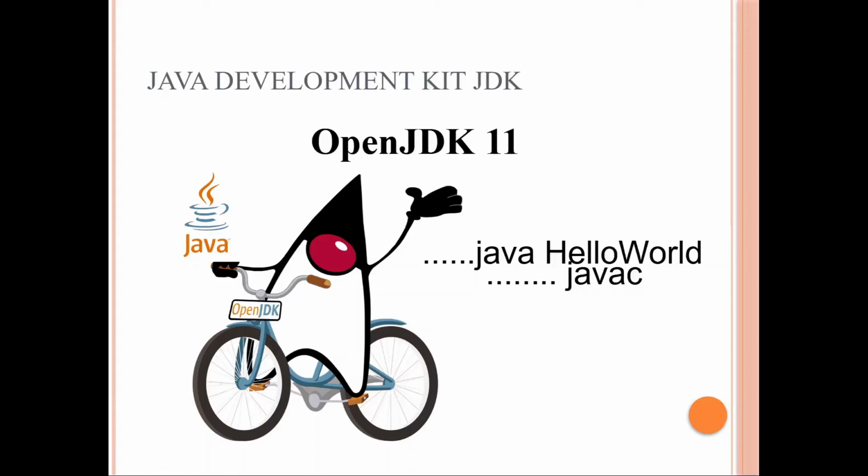After Oracle had purchased Sun Microsystems, they had also purchased the Java language, so they were the custodians of the Java language. Around about 5 years ago, Oracle changed the license for the Java JDK 8.